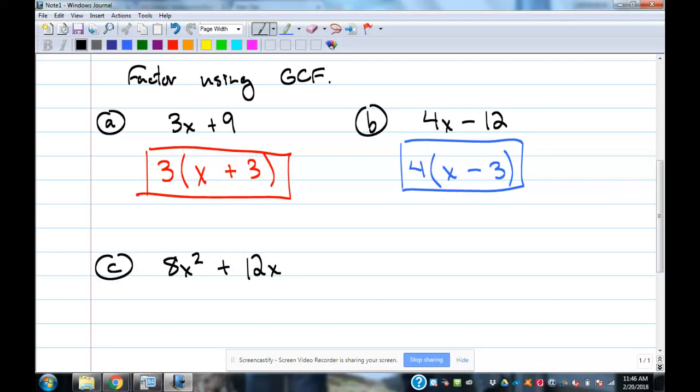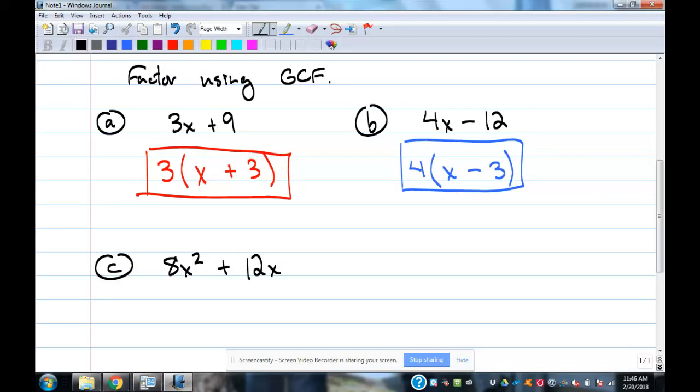I got x squared first and then plain x, so that's biggest to smallest. Now, what do the 8 and the 12 have in common? 4 goes into 8 twice and into 12 3 times, so that goes evenly. Is there anything bigger that goes into 8 that could go into 12? 8 goes into itself, but not into 12.